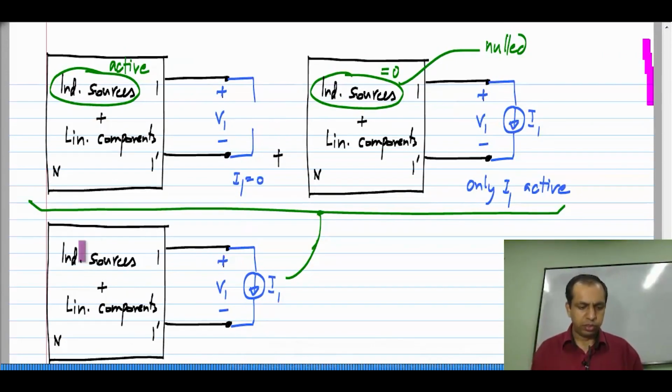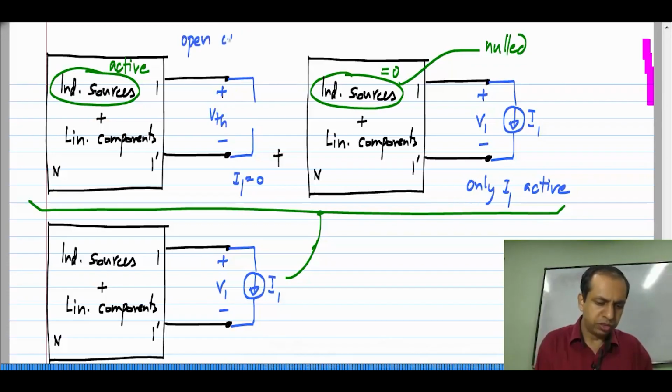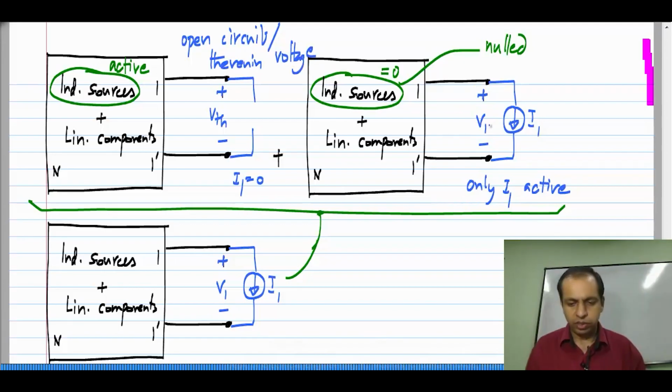So, my original case is a superposition of these two cases, and we saw that the voltage here in this case is nothing but V t h, the open circuit or Thevenin voltage, and the voltage here is nothing but minus I 1 times R t h, where R t h is the resistance looking into the circuit at those two terminals.